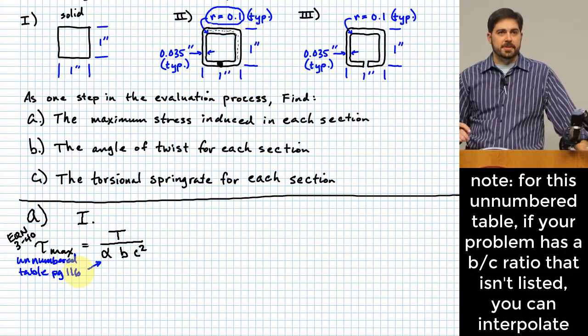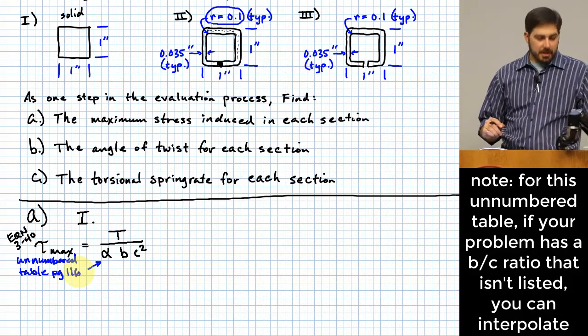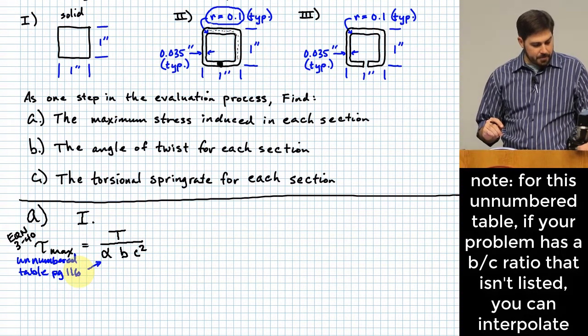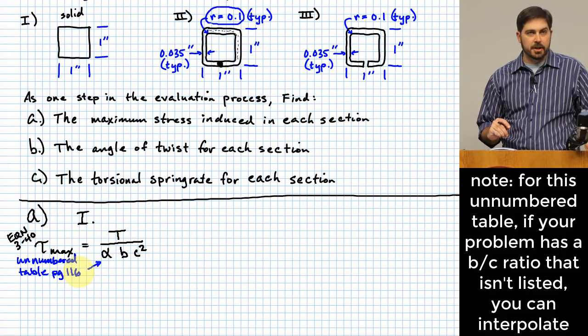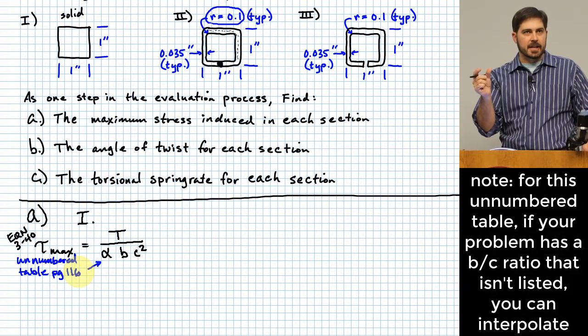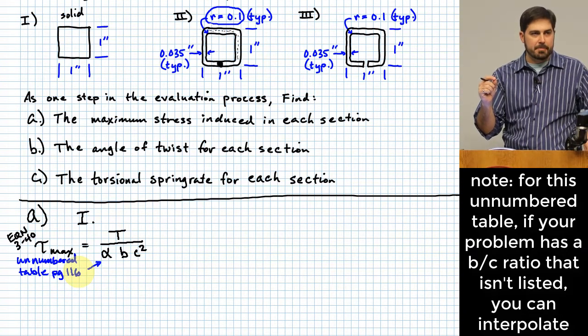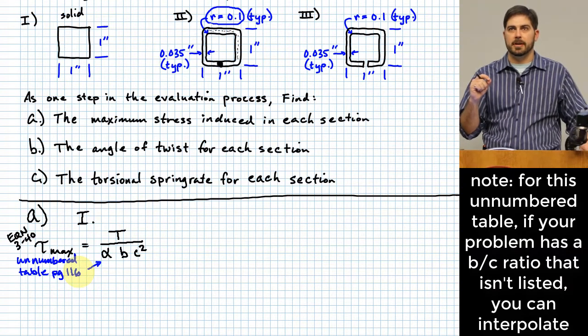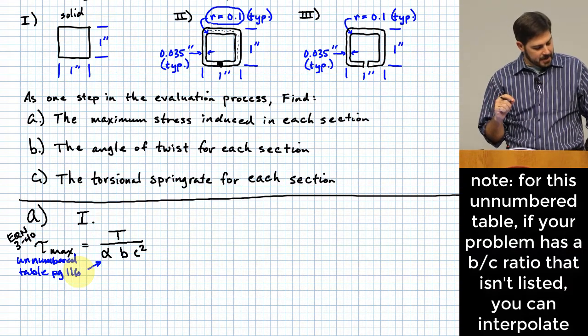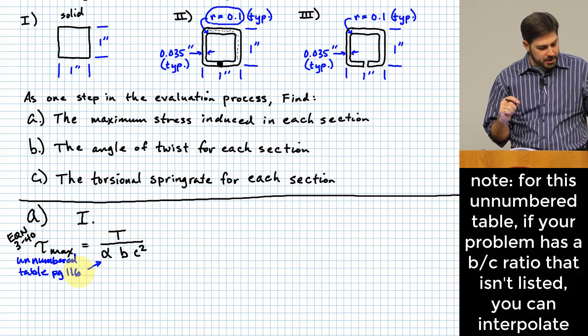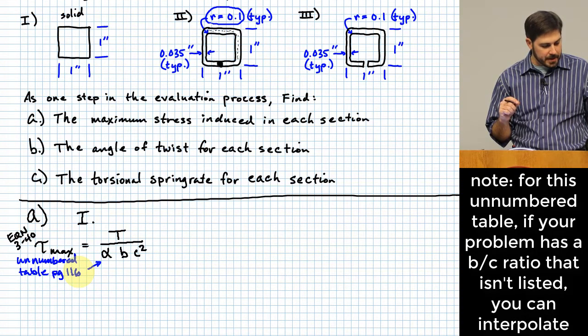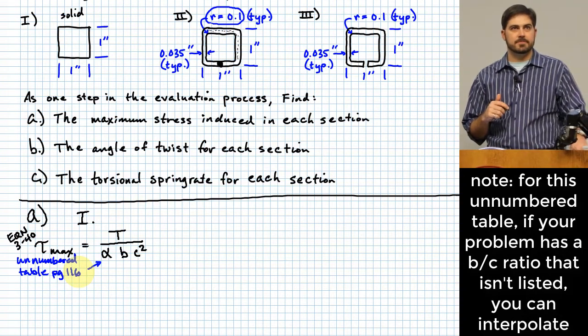Which isn't my favorite, that table is unnumbered, but it gives you the ability to look up based on ratios of B to C. It allows you to look up factors alpha and beta. Beta is going to come up in one of our next steps, okay? But for now, we need alpha. And so for us, the ratio of B over C is just 1. And so alpha is going to be 0.208. All right?